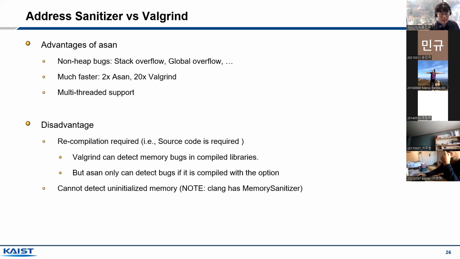Clang supports this memory sanitizer, and it can detect the uninitialized memory like Valgrind. But address sanitizer itself does not support that. So if you have any error related to uninitialized memory, address sanitizer cannot detect that.